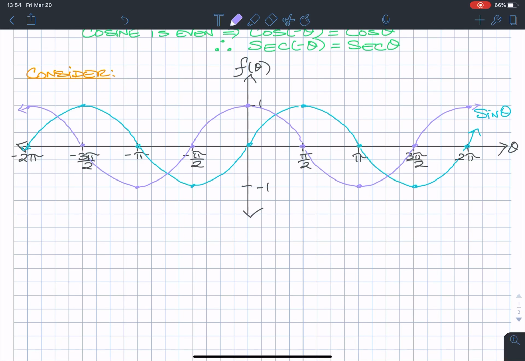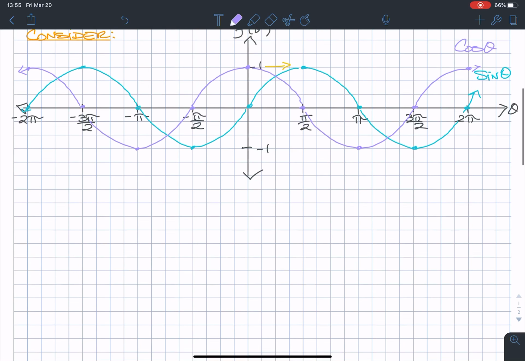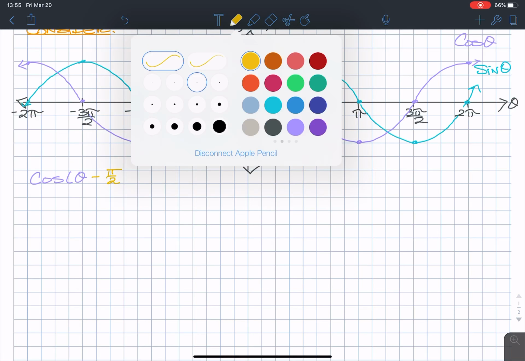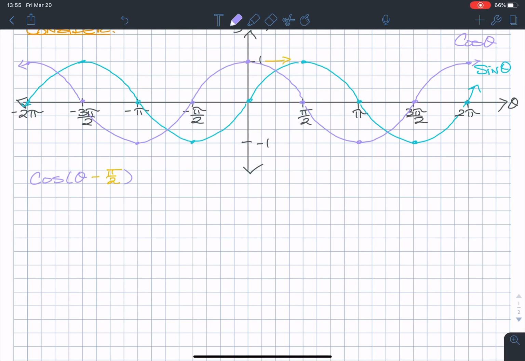Okay, so this is an estimate to the graph of cosine of theta. Now notice that if I were to shift cosine to the right 1 quadrant, I would get sine. So I claim that cosine shifted to the right, so that's minus pi over 2, remember, horizontal shifts are counterintuitive, is equivalent to sine of theta.